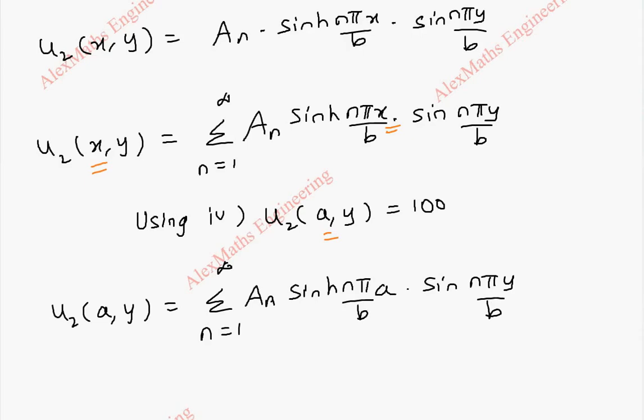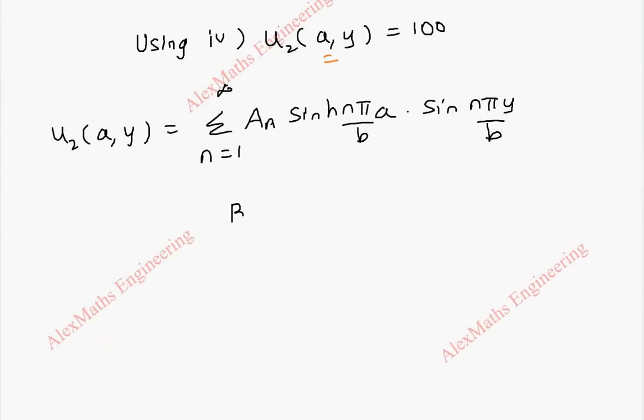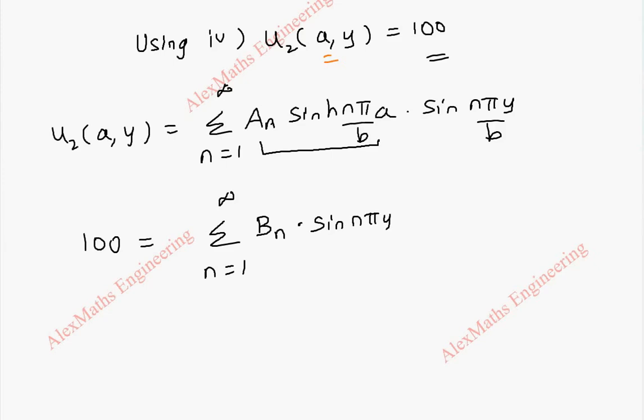And here we can take a substitution. Before that, we can replace the value of u2 of a comma y as 100 here. So 100 equal to summation n is equal to 1 to infinity. This entire term I take as bn into the remaining sin n pi y by b, where bn is An into sinh n pi a by b.